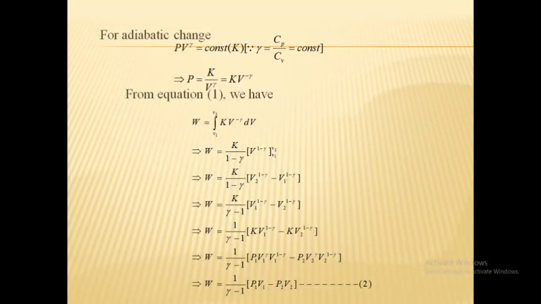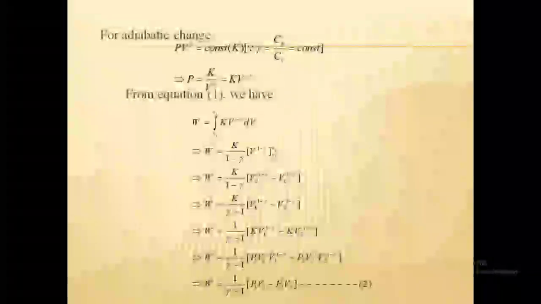That implies W, work done, equal to K by 1 minus gamma into V2 to the power 1 minus gamma minus V1 to the power 1 minus gamma, where V2 and V1 are the upper limit and lower limit of the variable. Here the variable is the volume.